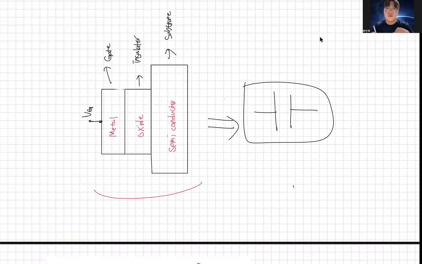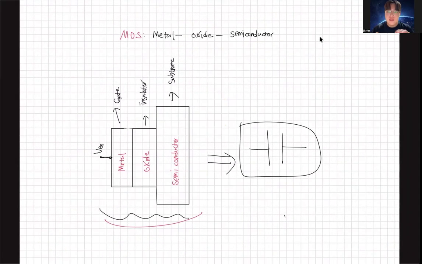That's why we call this MOS structure a MOS cap. This is basically the principle of the MOS.